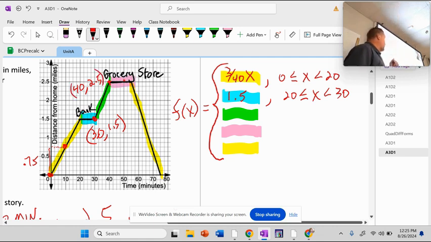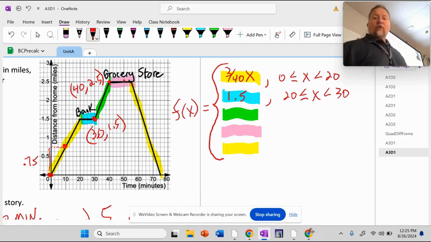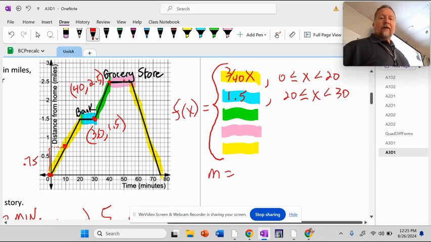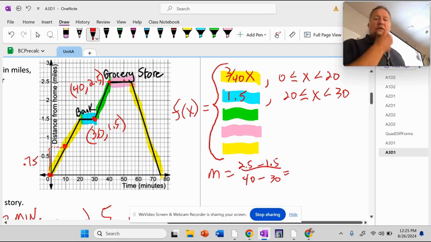And then you've got to go to grade school. You've got to find an equation of a line. So over here, here's the slope of this blue line. I'll do the work down here. It's 2.5 minus 1.5 over 40 minus 30. And it should be a positive slope. So this is 1 over 10, so 1/10.